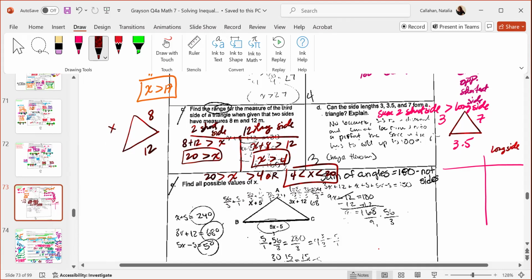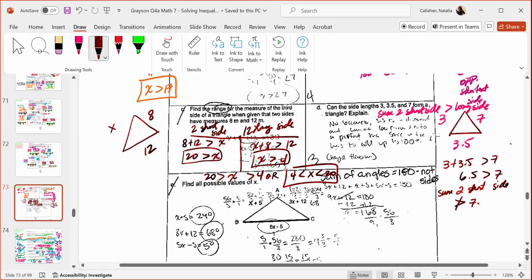Let's do the long side of 7. So 3 plus 3.5 is greater than 7. Well, the sum of the two short sides is not greater than 7, right? So it's not a triangle.